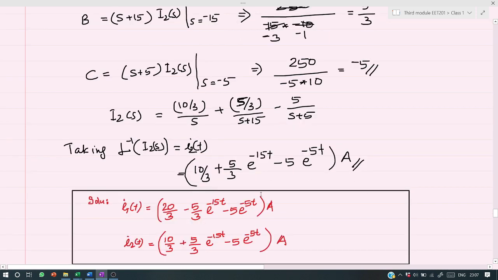So this is the solution of this problem: I1 of t is 20 by 3 minus 5 by 3 e raised to minus 15t minus 5 into e raised to minus 5t ampere. Similarly, I2 of t is 10 by 3 plus 5 by 3 e raised to minus 15t minus 5 into e raised to minus 5t ampere.